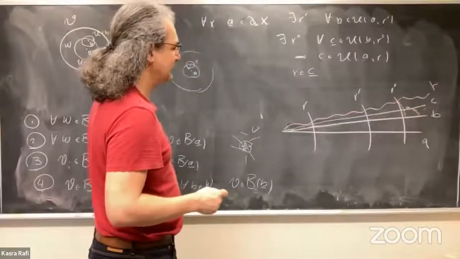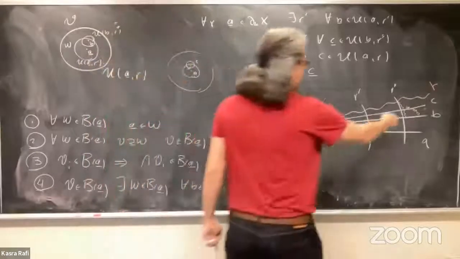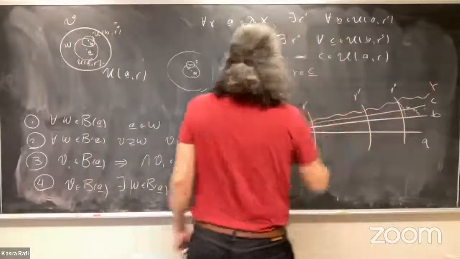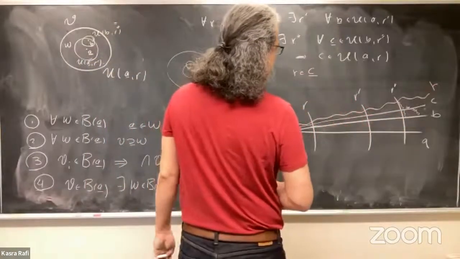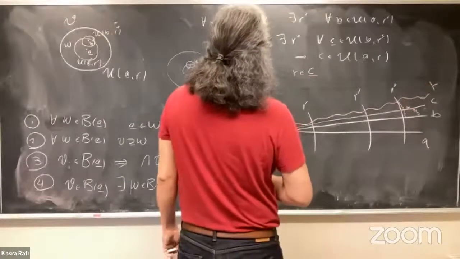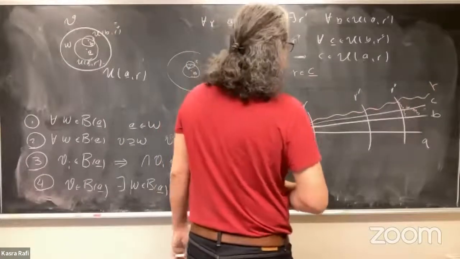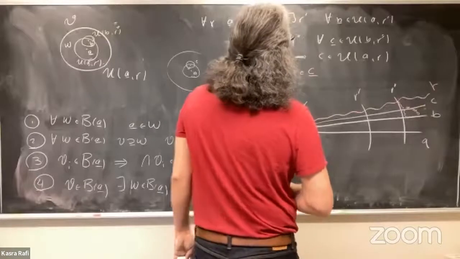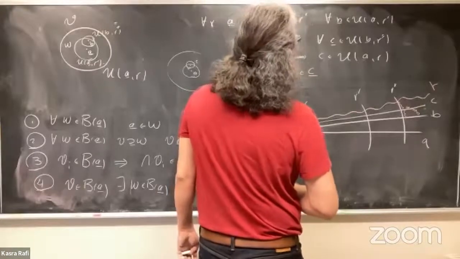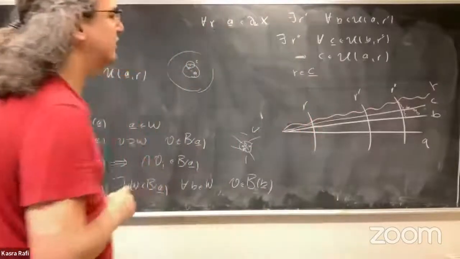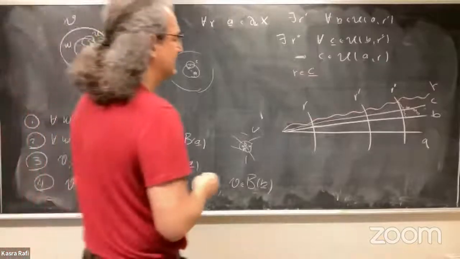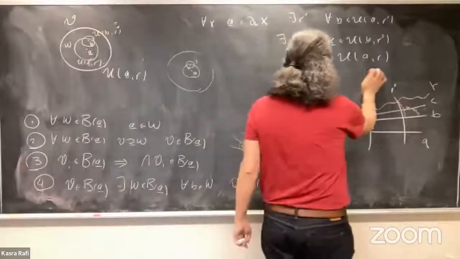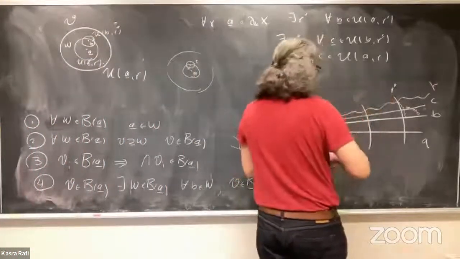Okay. But also I know that the B is close to A at R prime. Yeah, can't I pick R double prime equal to R prime? Yeah, maybe I can.